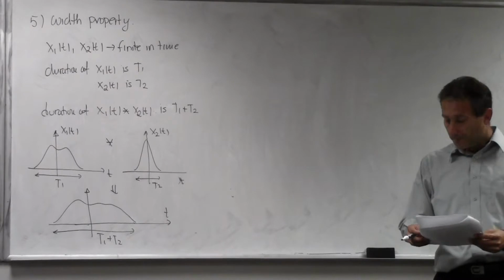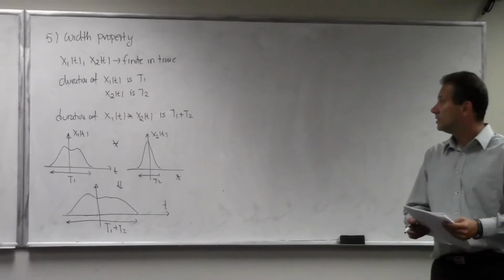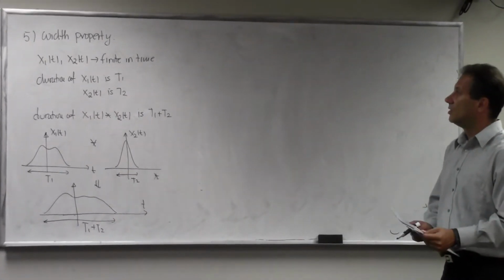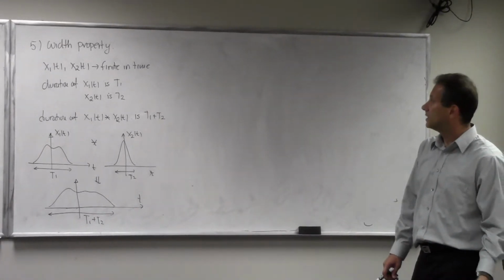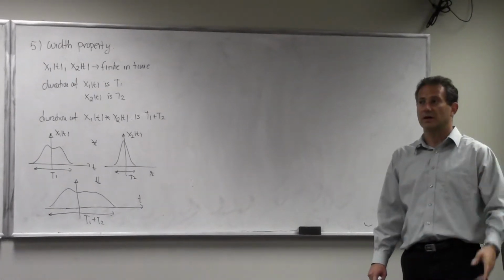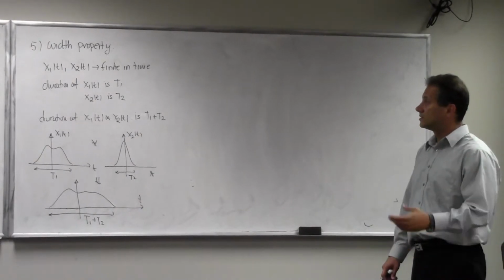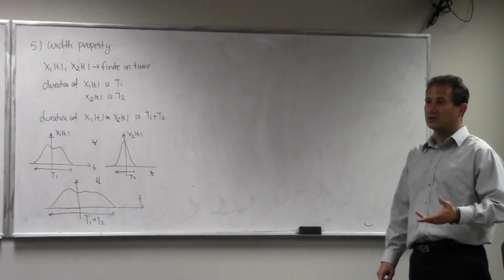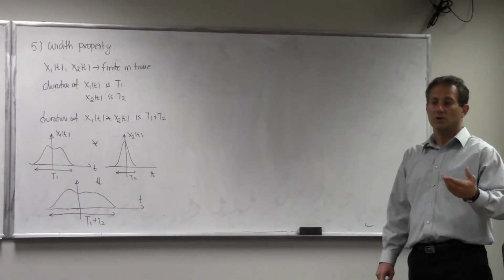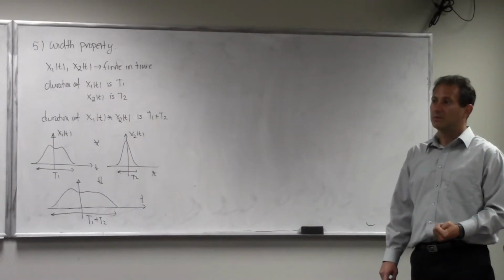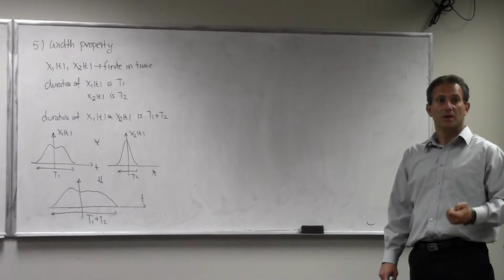So far, I have not imposed any restrictions on x1 of t and x2 of t. I said these are just arbitrary functions of time. Now, in most practical situations, x1 of t and x2 of t, in our scenario here, are going to be either inputs or impulse responses of the system.